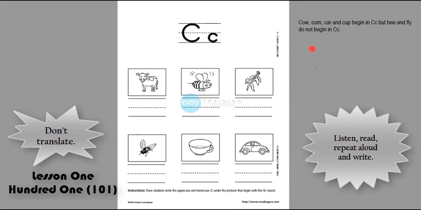Here we are. Cow, corn, car, and cup begin in C, but bee and fly do not begin in C. You got it? This is the end of activity 3, and now we are turning to activity 4, the last activity in this lesson.